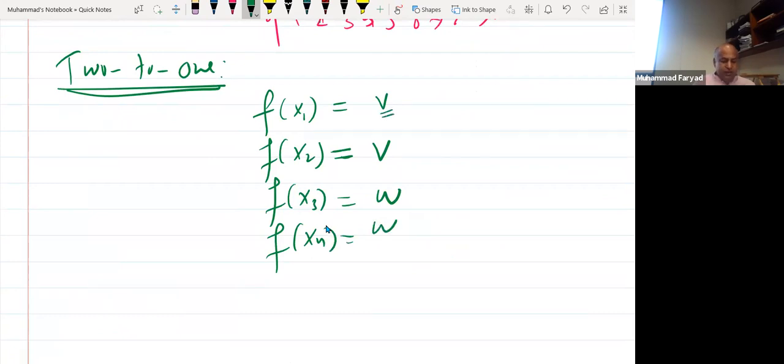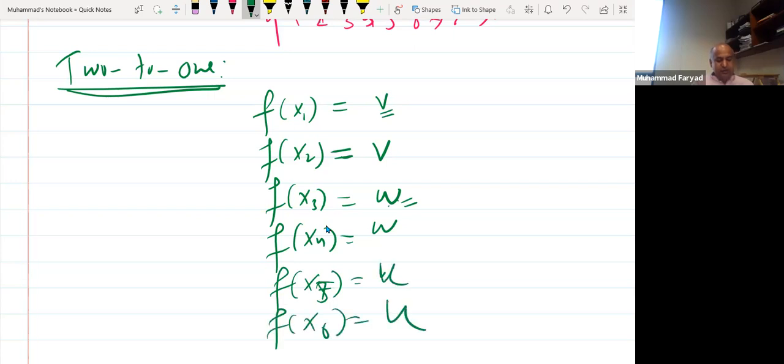It doesn't matter what v is, what w is, as long as they're different. We can't have a situation where w is equal to v, because then it would not be 2-to-1, maybe 3-to-1 or some other function. Similarly, if there is some x5 that equals some u, there is some x6 that also gives the same output. So two values of the input are being mapped to a single output. So this is a 2-to-1 function.